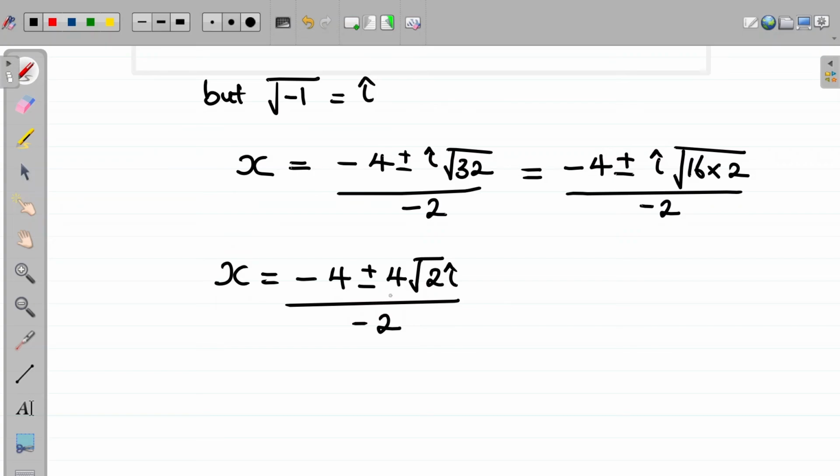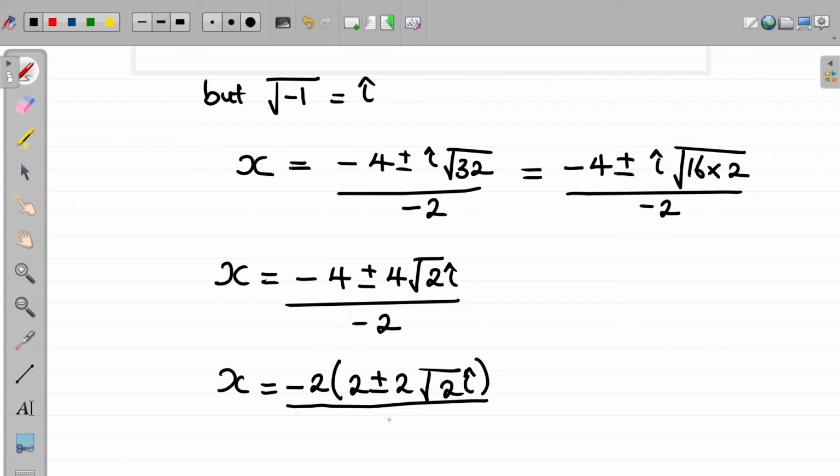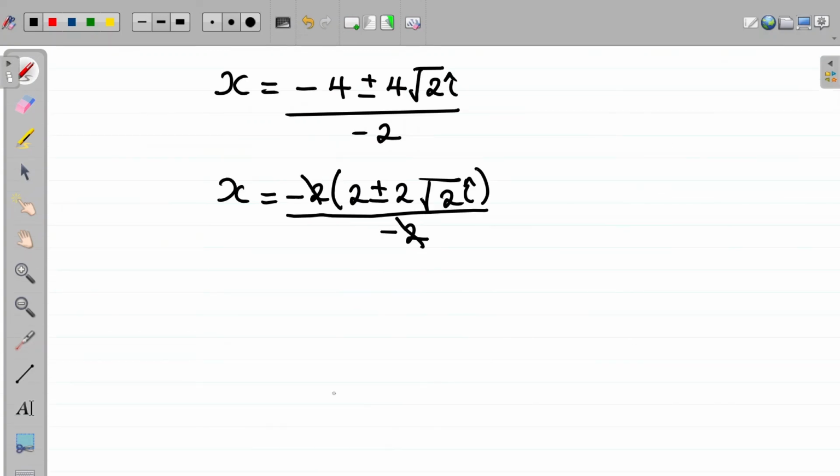Now at this point, we can factorize 2 from our numerator. So x is equal to minus 2, open the bracket, 2 plus or minus 2 root of 2i, divided by minus 2. Minus 2 can cancel out minus 2. So our equation becomes x equal to 2 plus or minus 2 root of 2i.